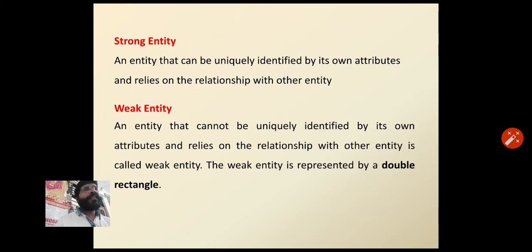A weak entity cannot be uniquely identified by its own attributes and relies on a relationship with another entity. So, an entity has different attributes, but no attribute can uniquely identify the others. Such an entity is called a weak entity and it is represented by a double rectangle symbol in the ER model.